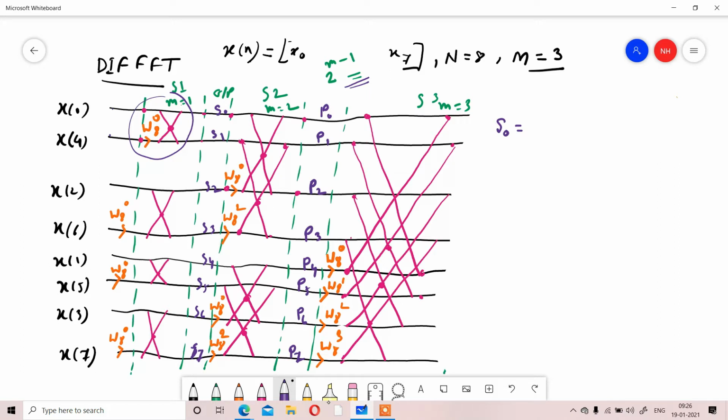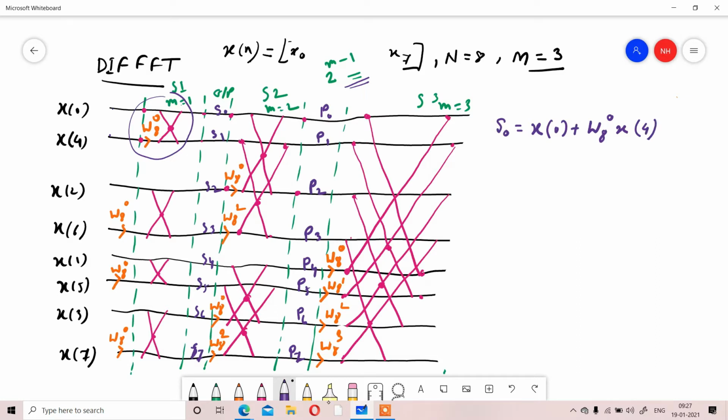S0 is the positive output of the butterfly, so S0 will be X0 plus W8 to the power 0 X4, as we have got from the butterfly diagram.